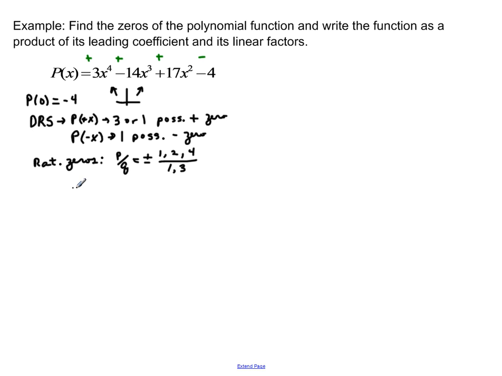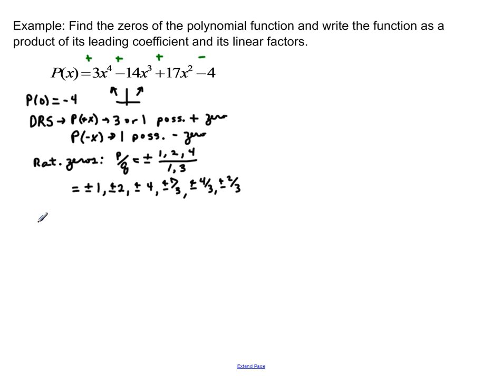So our list looks to be positive or negative 1, positive or negative 2, positive or negative 4, positive or negative 1/3, positive or negative 4/3, and positive or negative 2/3. I know that's a little bit out of order, but I think my brain just did that to me.